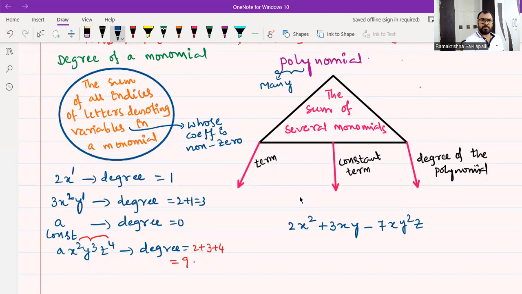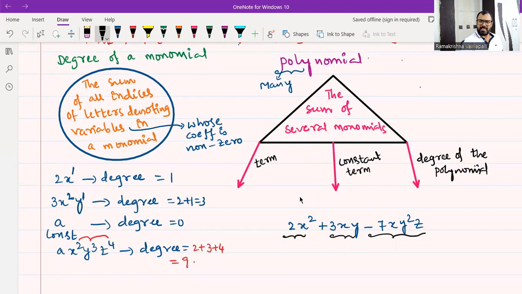So this is one monomial, and it is another monomial, and it is another monomial. 2x square is one monomial, 3xy is another monomial, minus 7xy square z is a monomial. So the sum of several monomials is called a polynomial. Remember that the power of each variable must be a non-negative integer. If you forget this, then you will be in trouble.